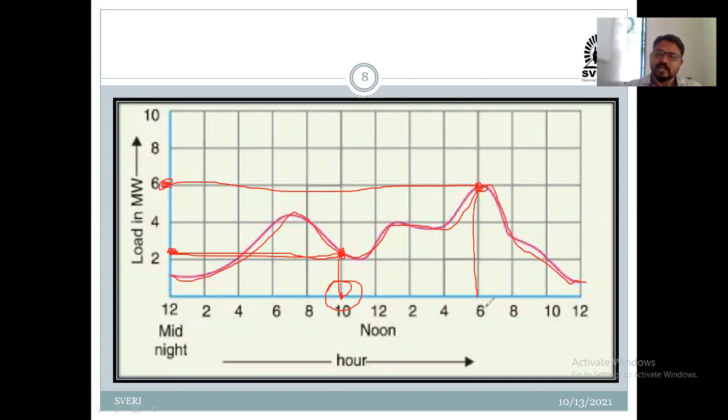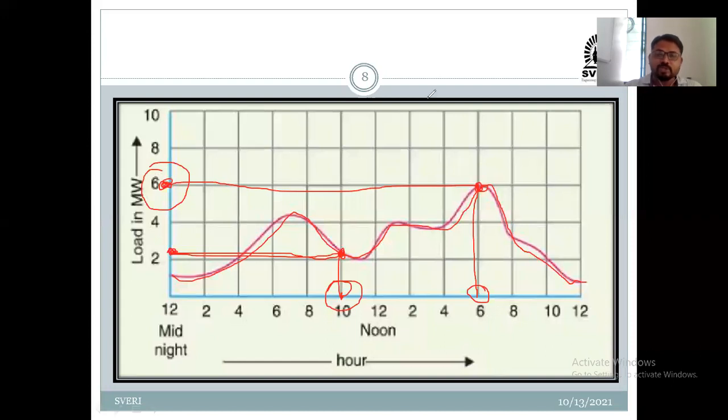It means at 6 p.m. the load connected to our system was 6 megawatt.